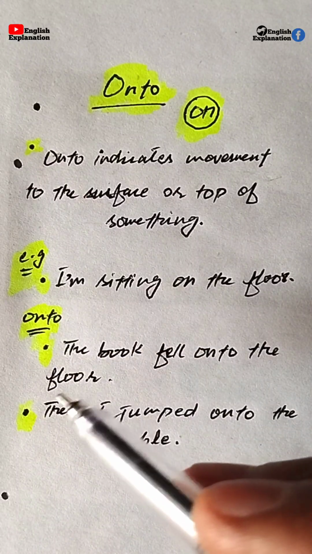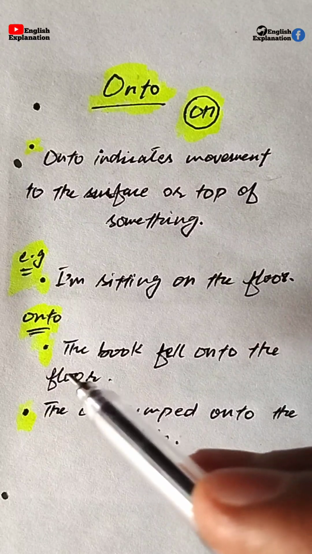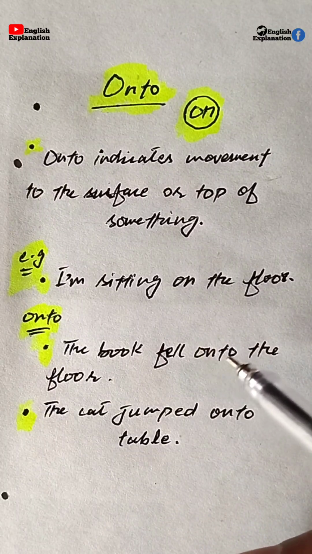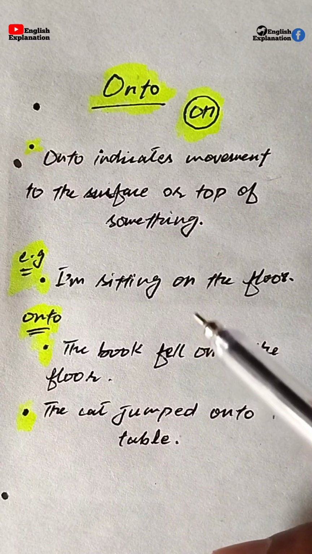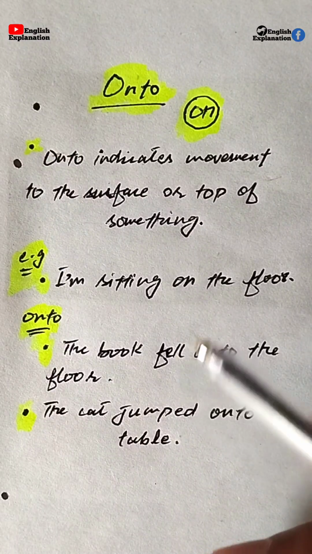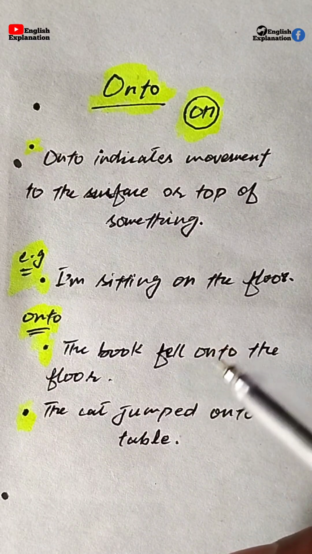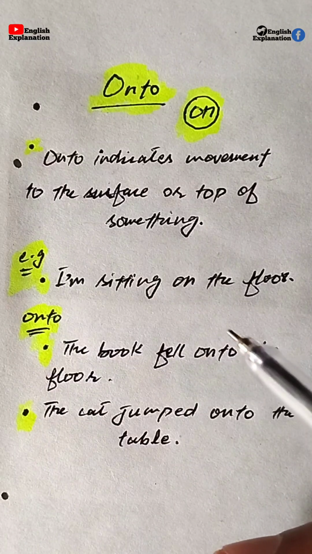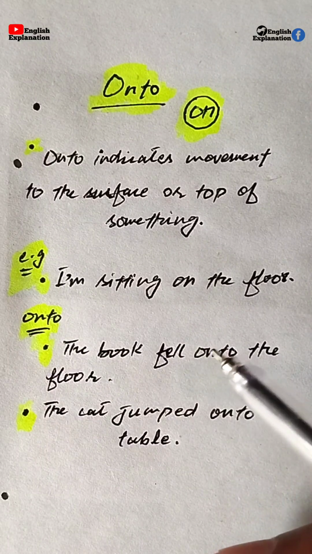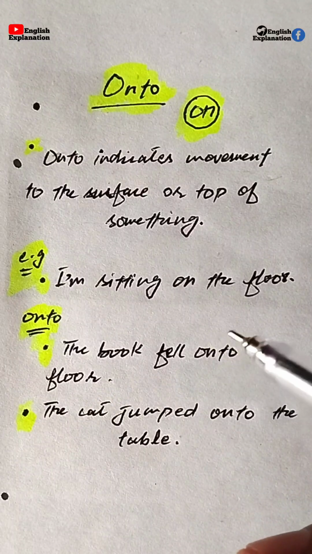Now the position of the book is on the floor, so that's why we are using onto, showing direction from height to the ground, to the floor. That's why we are using onto here. The book fell onto the floor. I hope you got it.